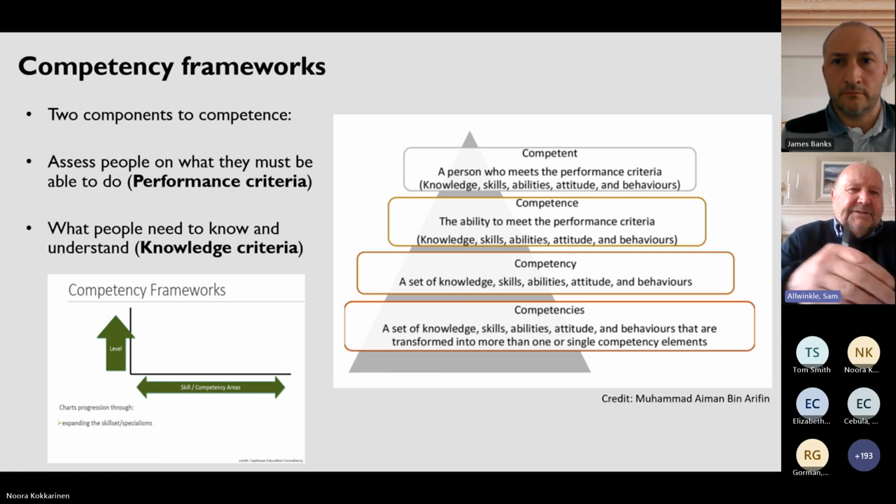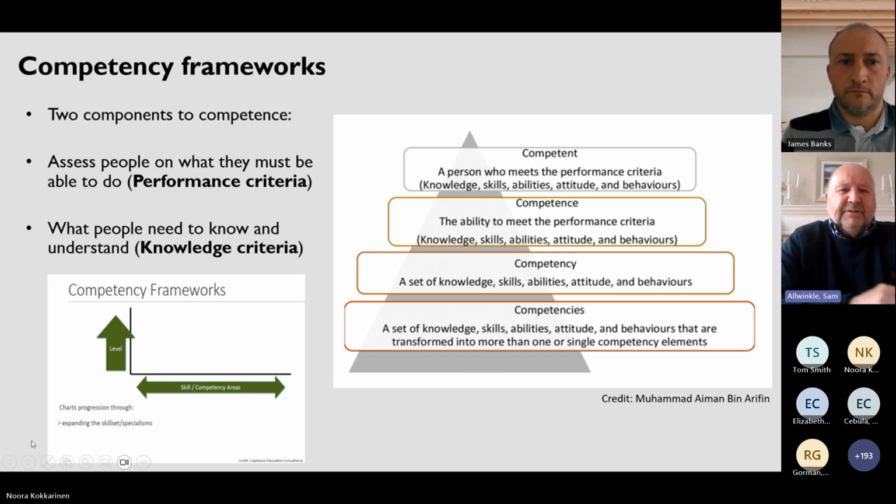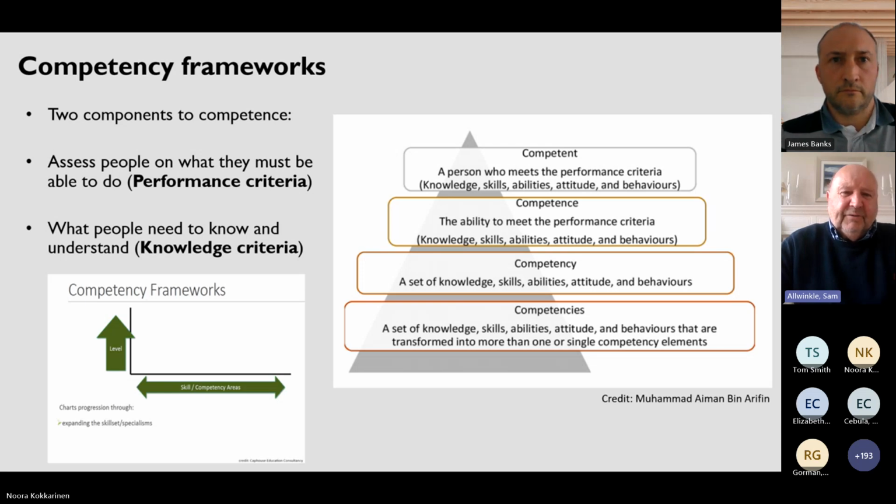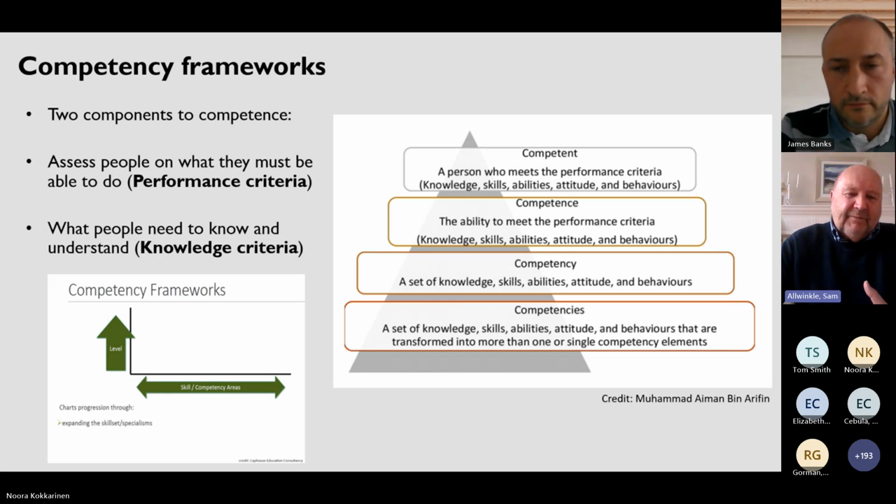These are brief definitions of what is meant by competent, the competence of individuals in terms of their ability to meet the performance criteria, and then competency or competencies, a set of knowledge, skills and attributes. Lastly, the competencies are a set of knowledge, skills and attitudes transformed into a number of elements and units that make up competencies.